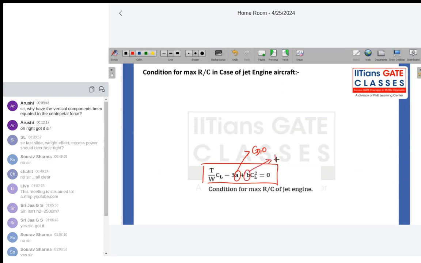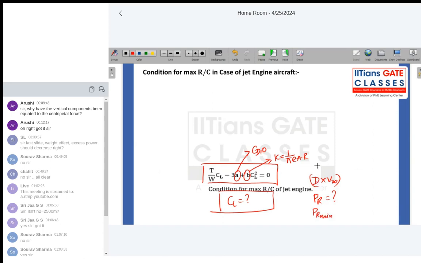B is nothing but K. In some textbook they give it as B, in some textbook they give it as K. So K is nothing but 1 divided by pi eAR, equate to 0. Find out CL from this and substitute in all your equations. Then whatever we get corresponding to that, the power required, that is drag into velocity, that is the condition. Then the power required will become minimum.